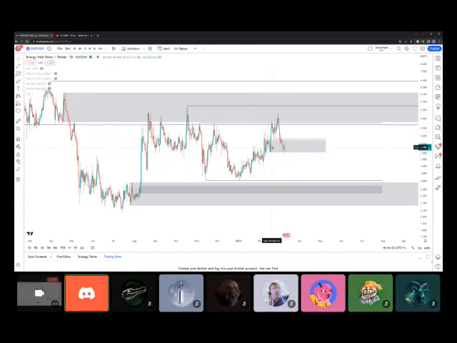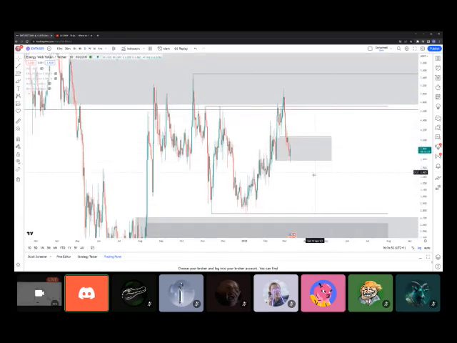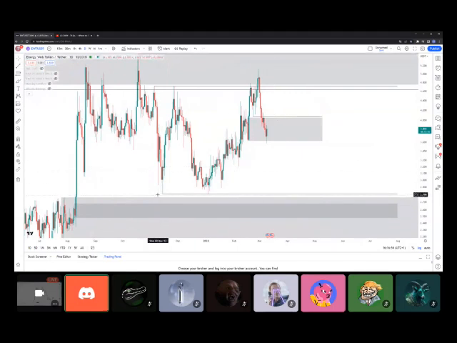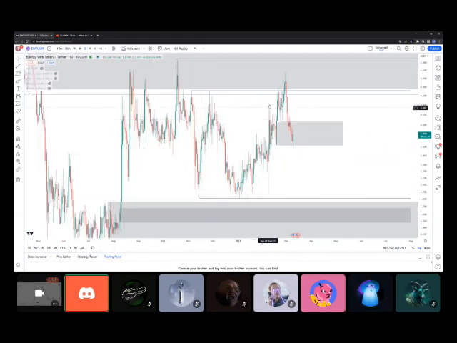I believe we were around here during the previous episode, and I was talking about more upside because also liquidity-wise, again here, this is the low, this is the high. We took the liquidity on the downside. So what I was expecting was movement towards the other side of the range, towards the other side of the liquidity.